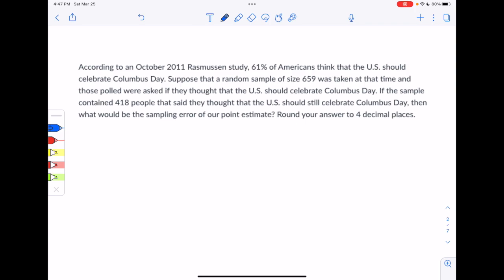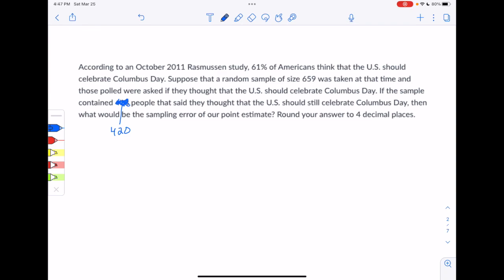All right, so the first thing, in the interest of giving help but not answers, we're going to change this 418 to 420. So a small change in the numbers, but not in the process. So they talk about the sampling error of our point estimate. So the first thing we want to do is think about, are we in the context of a proportion or a mean?